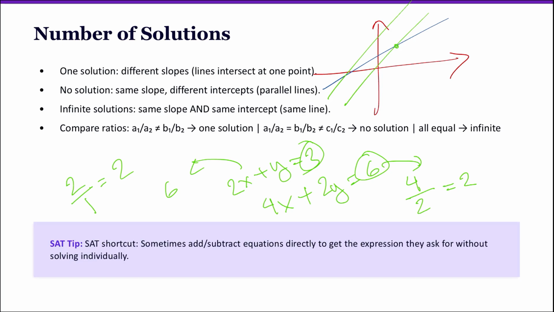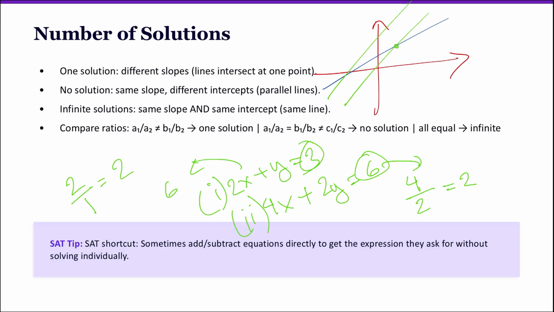So here we can see that the x coefficients are essentially doubled from this equation to that equation. So here 2 times 2 is 4. Similarly here, 1 times 2 is 2. So the x coefficient of the second equation is twice as much as the x coefficient of the first equation.